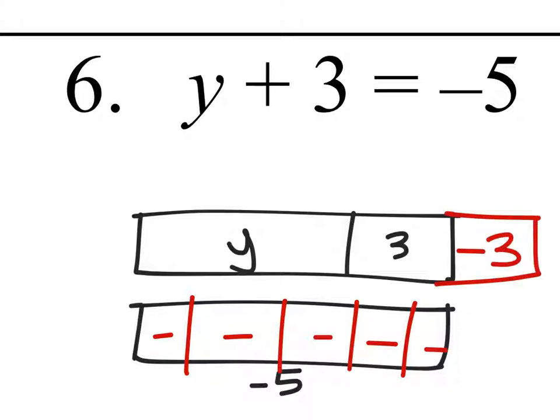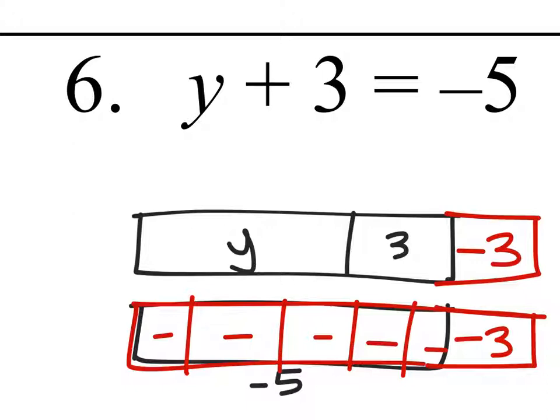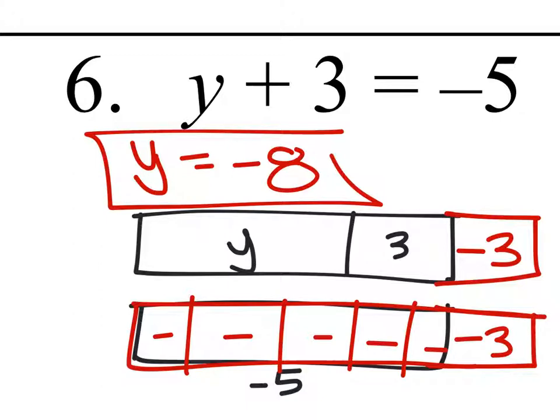You see that? Well, then I've got 5 negatives and 3 negatives. And then I would have a y. y equals negative 8.